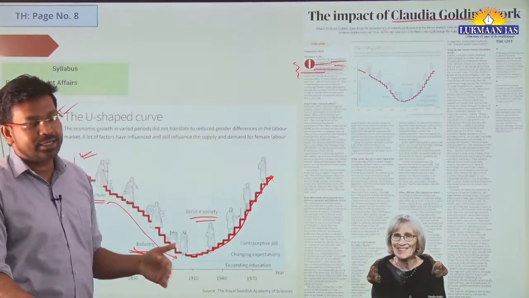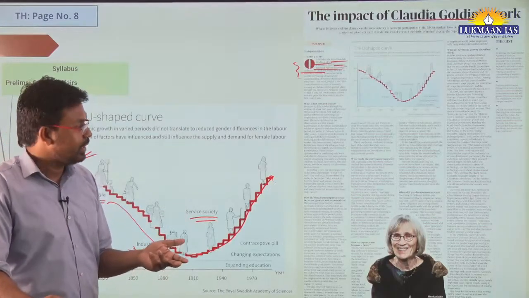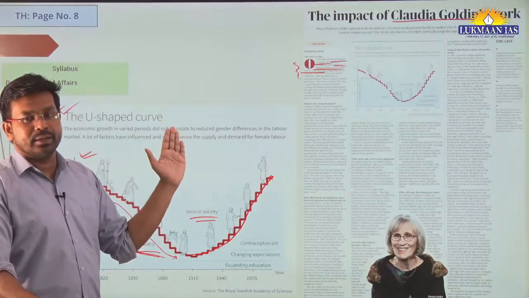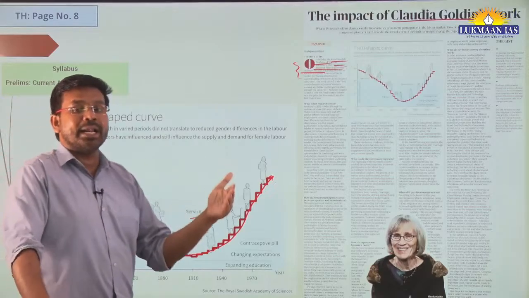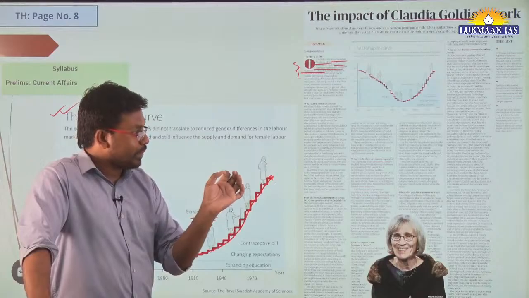In this article, she has also talked about the role of contraceptive pills. Since contraceptive pills came, women started participating a little more, because they could plan when they wanted to bear a baby or not.